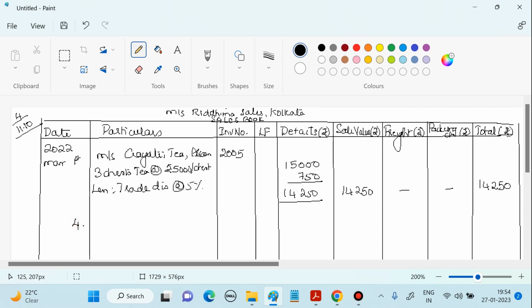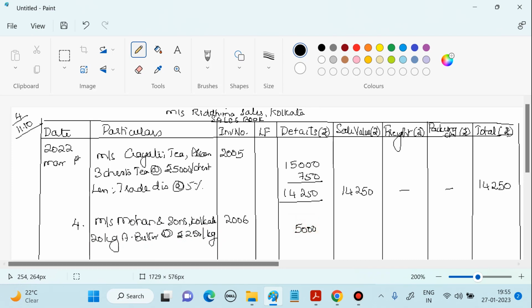Next one on March 4th. Sold to Messrs. Mohan and Sons, Kolkata. So write Messrs. Mohan and Sons, Kolkata. Invoice number 2006. What is sold? 20 kg of Amul butter at the rate of rupees 250 per kg. Multiply. It comes to 5,000.